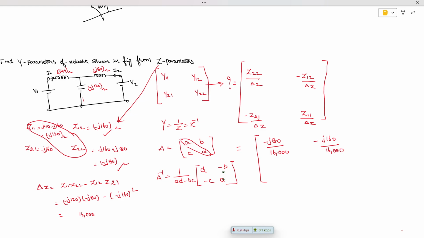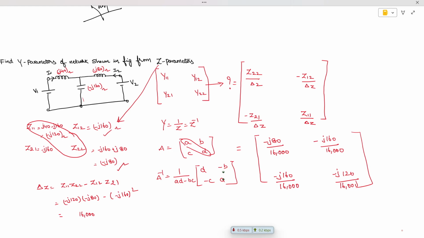And what is z21? Z21 is minus j160 divided by 16,000. And what is z11? This is nothing but minus j120 divided by 16,000. So this is the resultant answer of our problem.